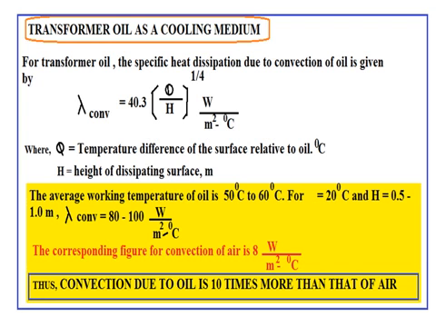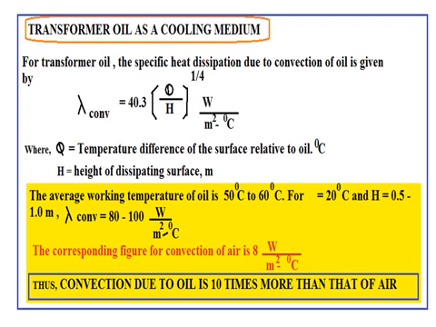So we know that lambda convection for the transformer oil, that is the amount of specific heat dissipation due to convection of oil, is given by lambda convection equal to 40.3 theta by h to the power of 1 by 4 watts per meter square degree centigrade, where theta is the temperature difference of the surface relative to oil, and h is the height of dissipating surface in meters.